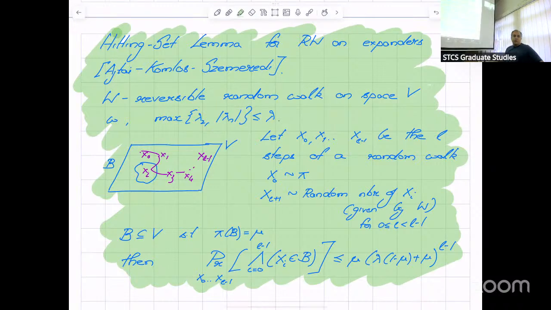It's saying there's a bad set. Notice this is a good walk because this walk is leaving the set B. We are asking what is the probability that the walk is fully contained in the set B. And that probability is more or less as if you were picking it independently.